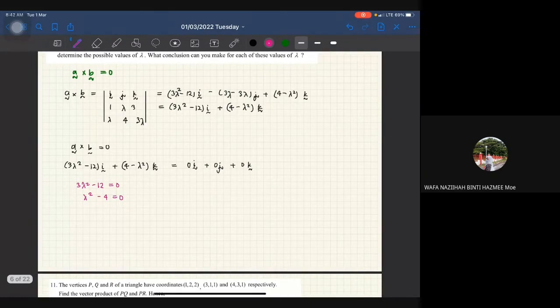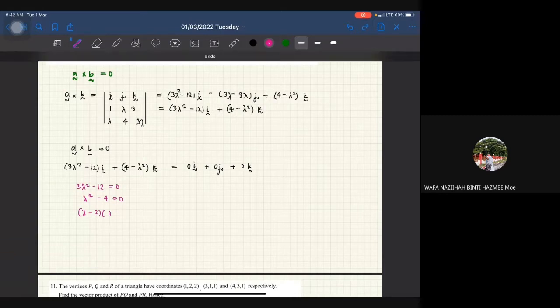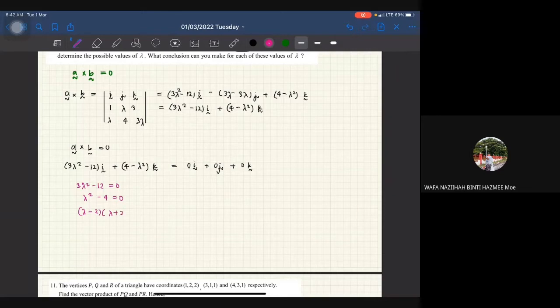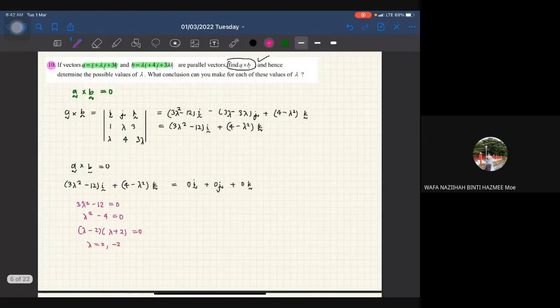Okay, so awak akan dapat lambda minus 2, lambda plus 2, equal to 0, which gives you lambda equal to 2 or negative 2. Okay, so awak ada 2 nilai lambda. Okay, so determine the possible values of lambda, settle. This one, second part pun kita settle.